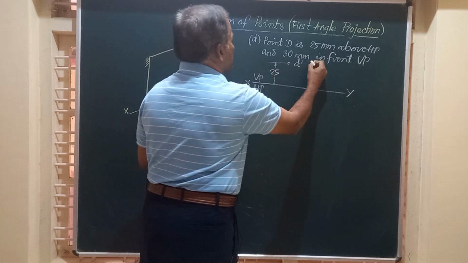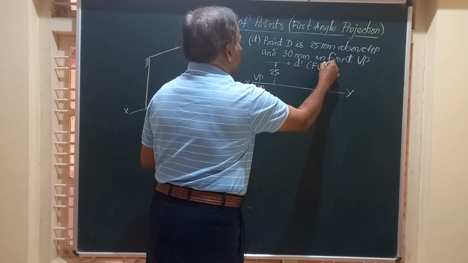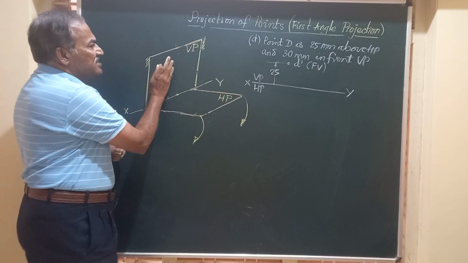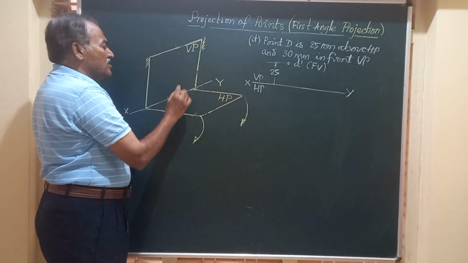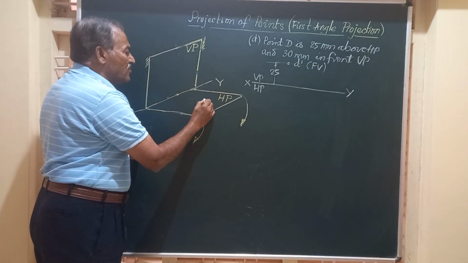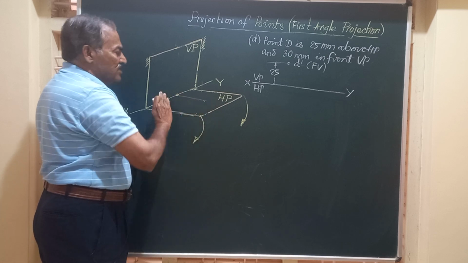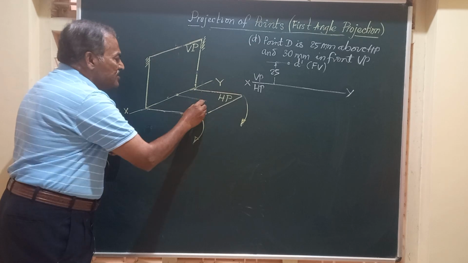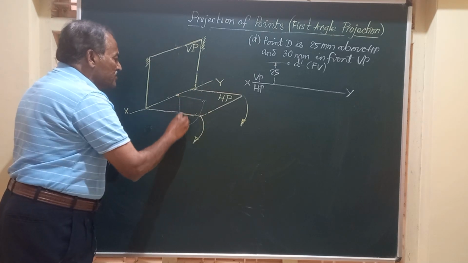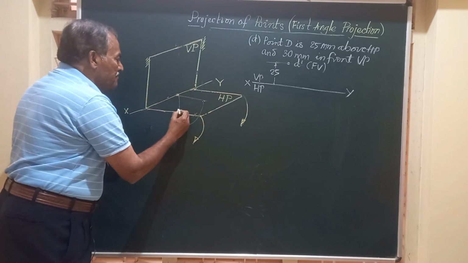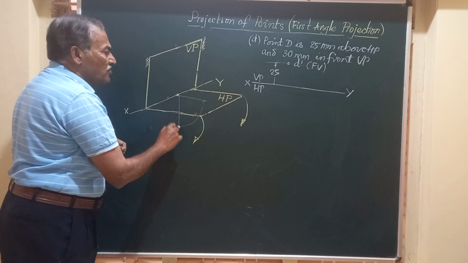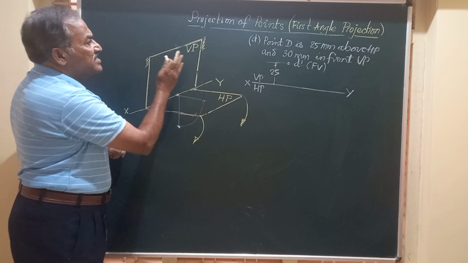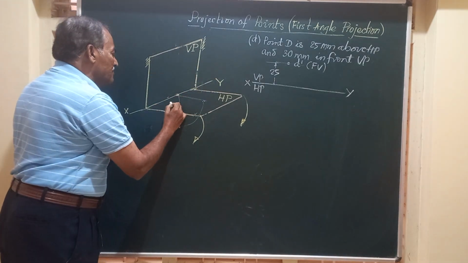So D dash represents the front view of the point capital D. How to obtain the top view? The point is 30 mm in front. So the shadow of that falls 30 millimeter in front of this VP. The horizontal plane is to be rotated so as to bring it in plane with VP, and we are going to get the top view here, and the distance will be whatever the distance it is in front of VP, that is 30 mm.